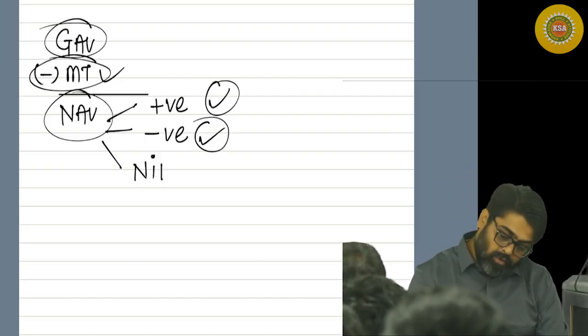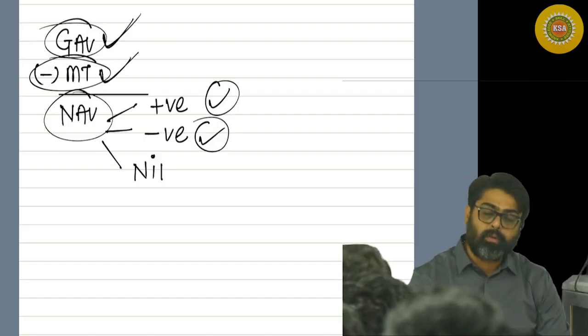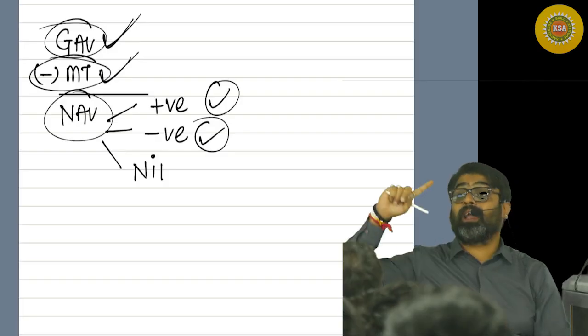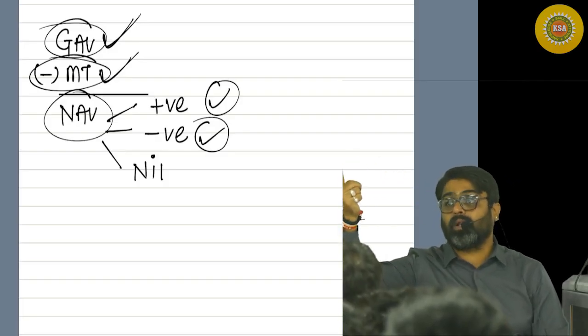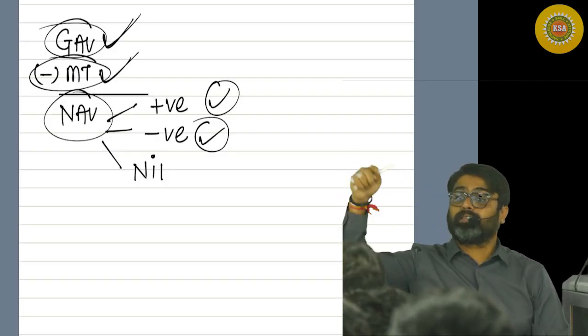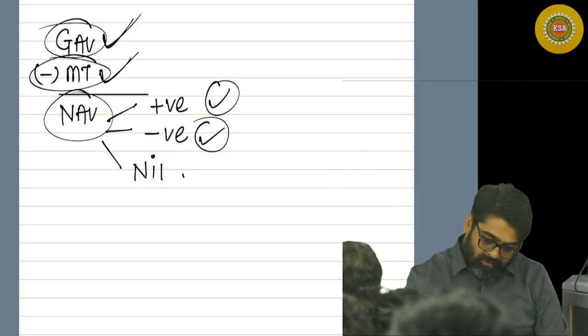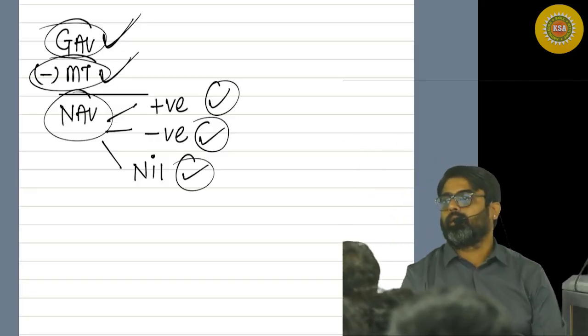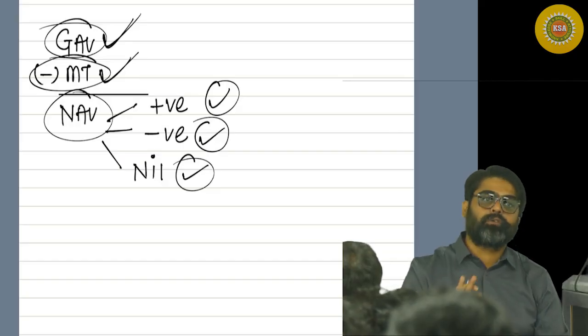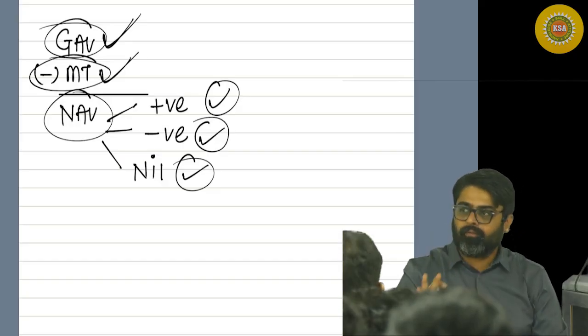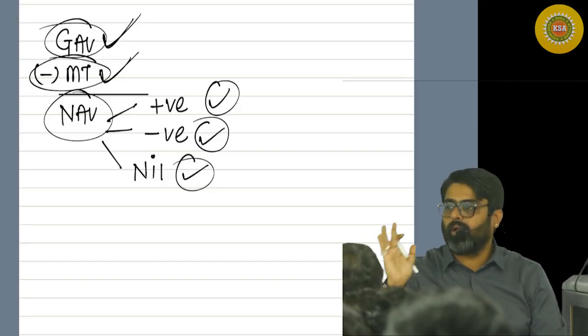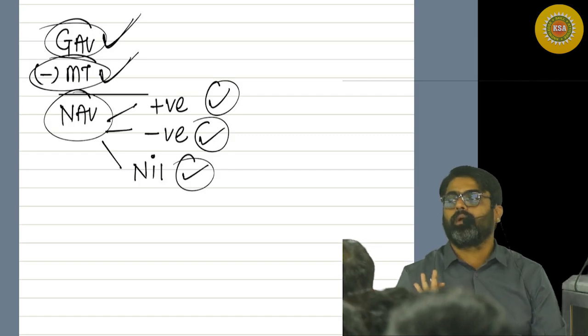And if the amount of municipal tax deduction and the GAV amount both are same, or in the case of SOPs, where GAV is nil and no municipal tax deduction is available, NAV will be nil. So your NAV can be positive also, NAV can be negative also, NAV can be nil also. Yes or no? Everyone.